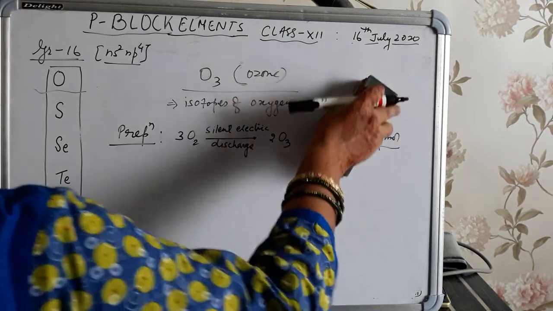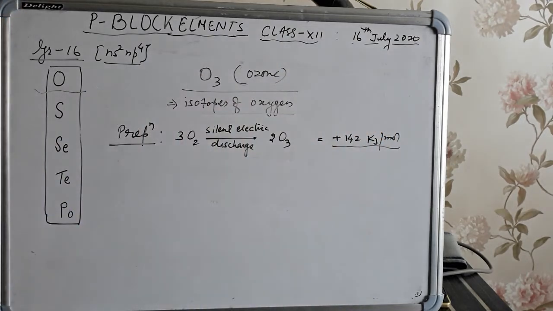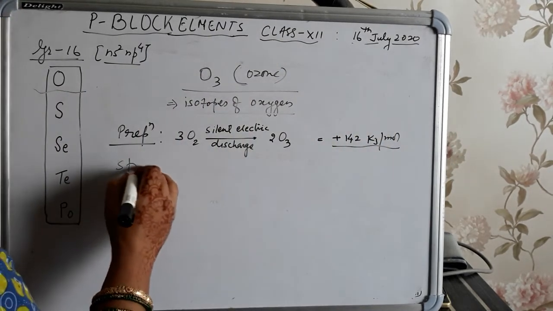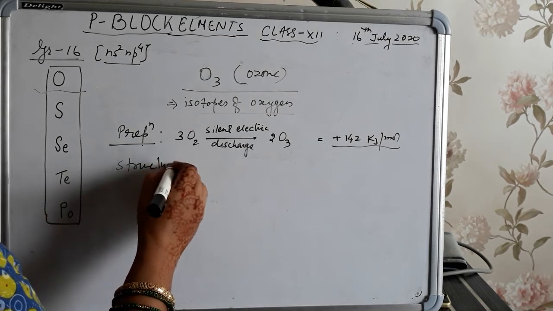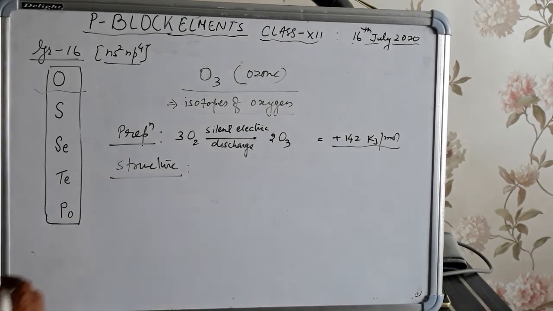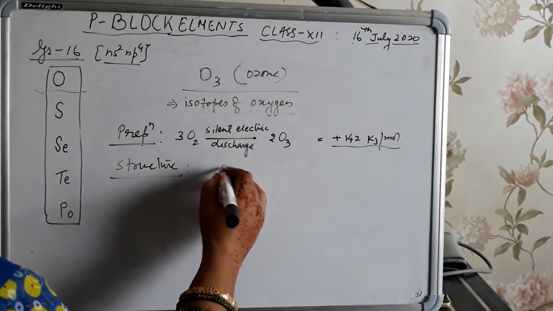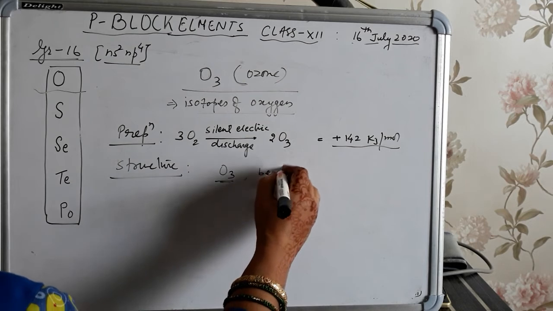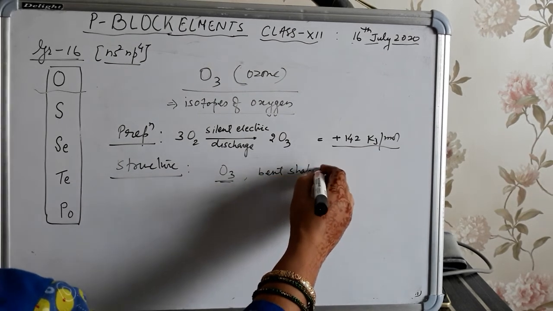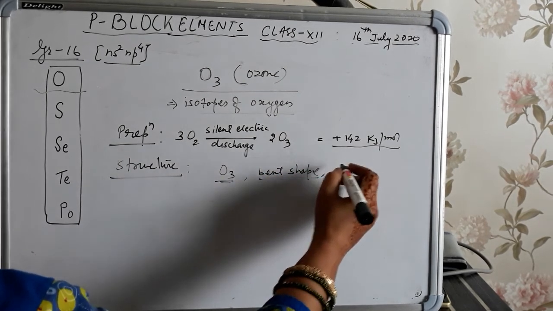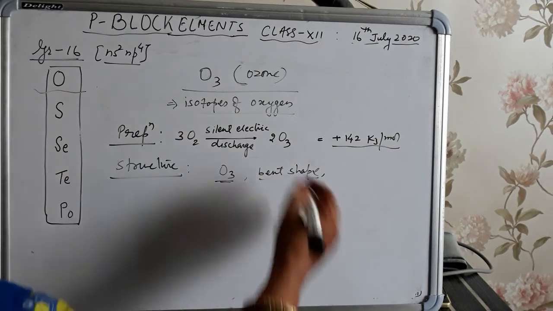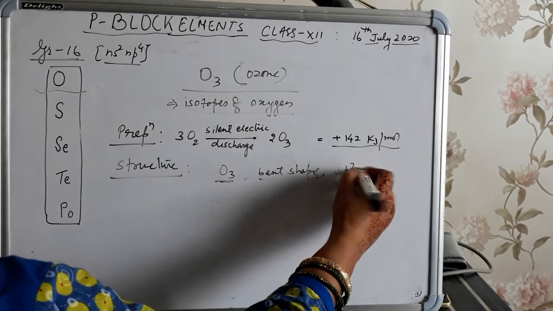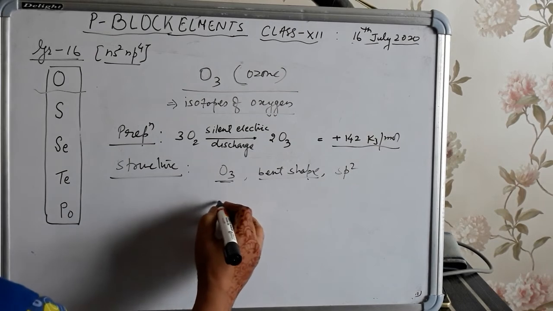What is the structure of ozone? Ozone contains 3 atoms of oxygen and it has a bent shape, and the hybridization of oxygen is sp2. Let's discuss the structure of ozone.